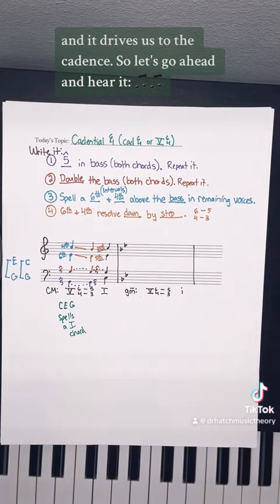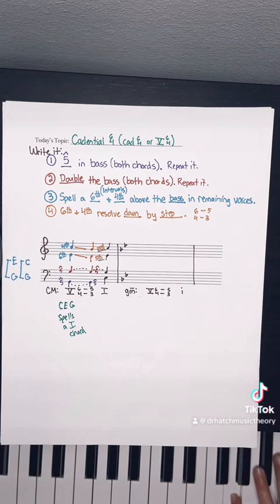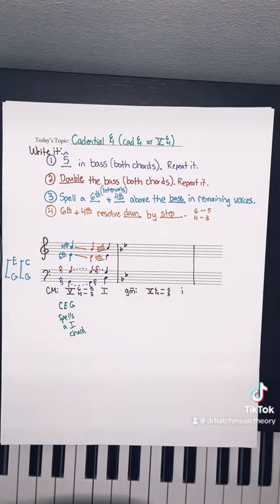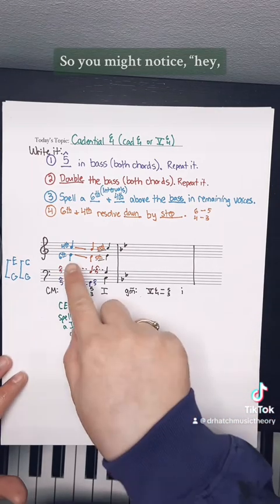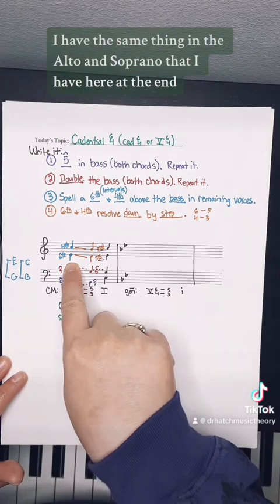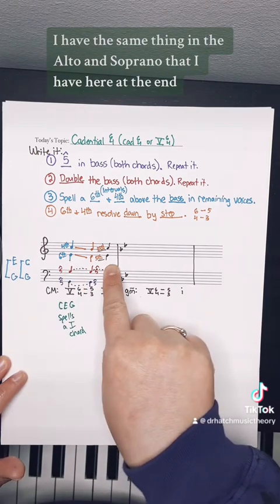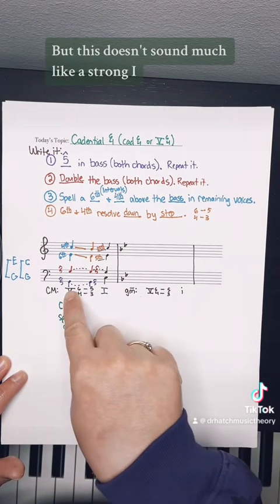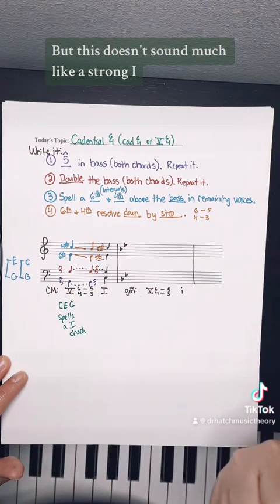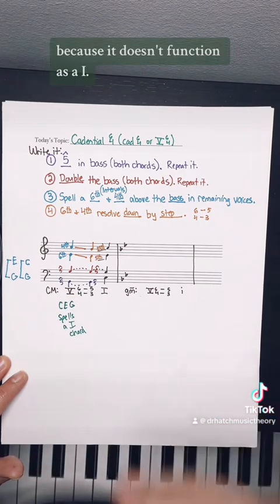So let's go ahead and hear it. So you might notice, hey, I have the same thing in the alto and soprano that I have here at the end in this one chord, but this doesn't sound much like a strong one because it doesn't function as just as a one.